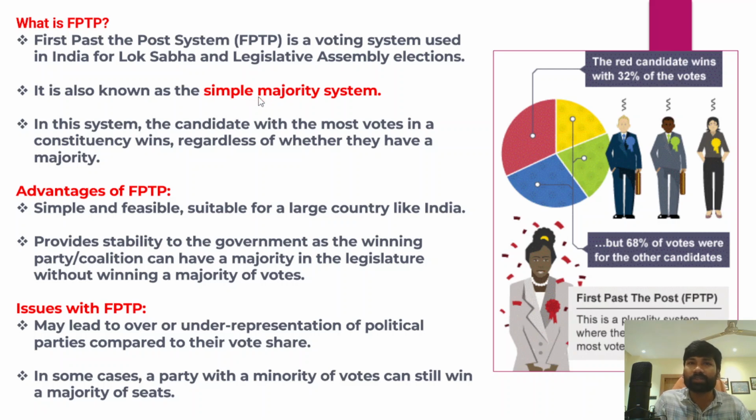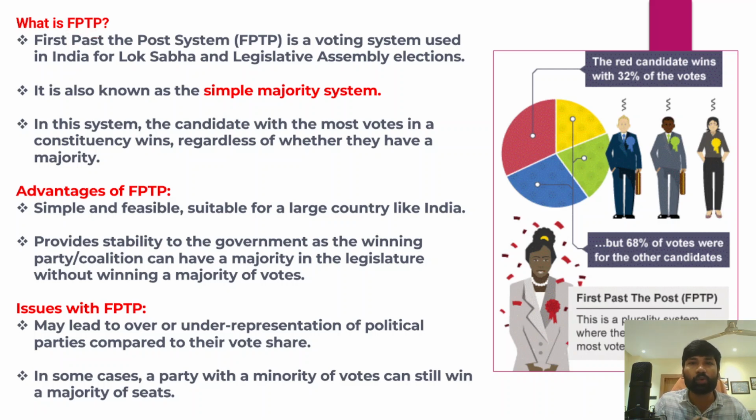Now in this first past the post system, the candidate with the most votes in a constituency will be declared elected regardless of whether they have a majority or not. So in fact, in the first past the post system, there is no need for any clear majority.